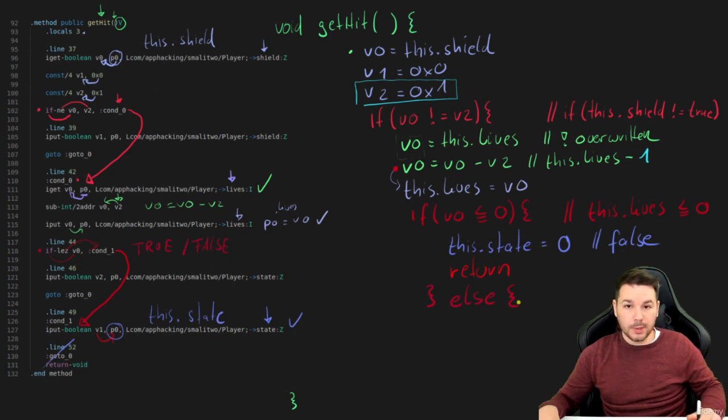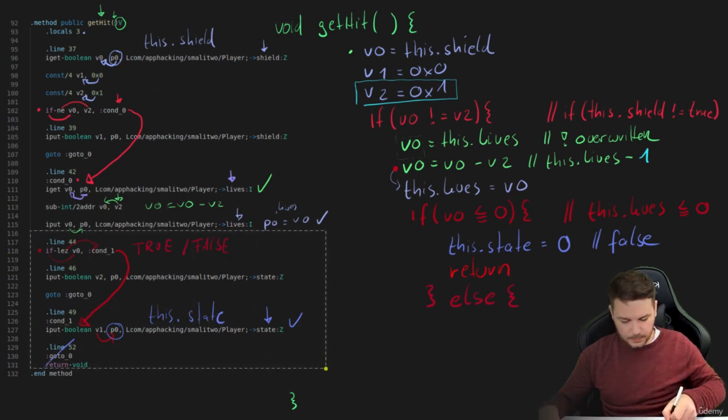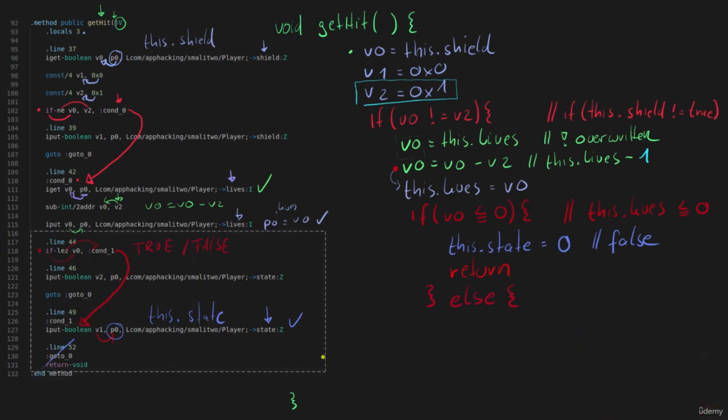And yeah, I hope it's not that long, but let's figure it out. First, I want to clean this up real quick. There we go. All right. Okay, so we've got this condition, so we are not jumping right now, we are moving on at this part.